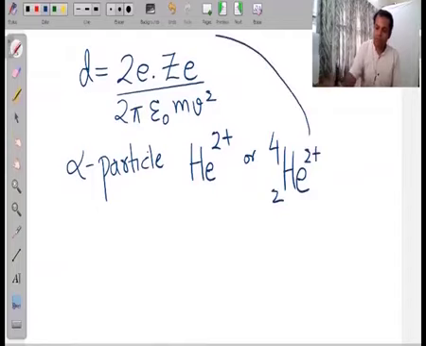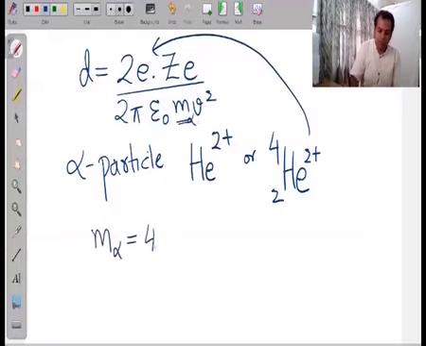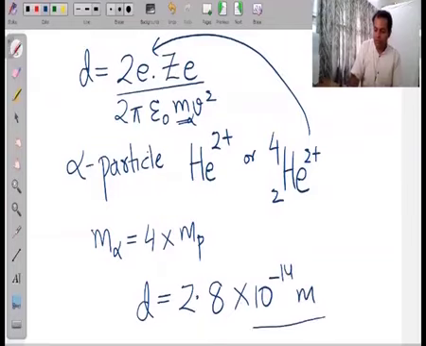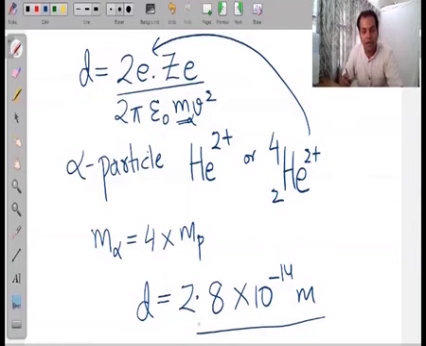We have put this 2e for the charge and Ze for the gold, and plugging in all the values which are given to us, and noting that the m here will be 4 times the mass of proton, plugging all these values, we will get d equal to 2.8 into 10 raised to minus 14 meters. I leave that as an exercise that you can plug this in and arrive at this answer.